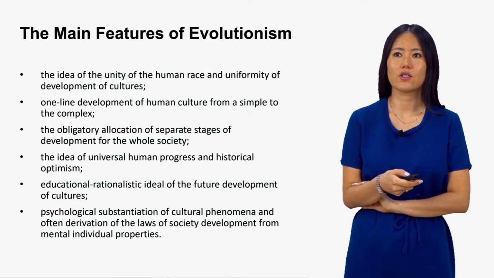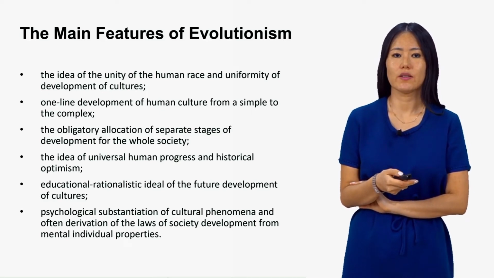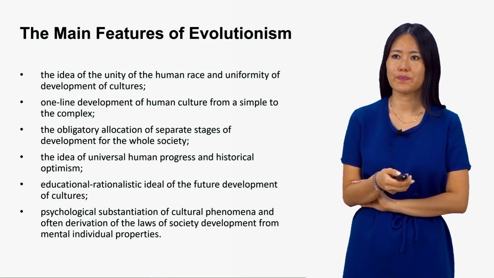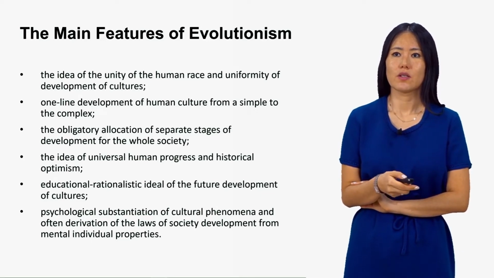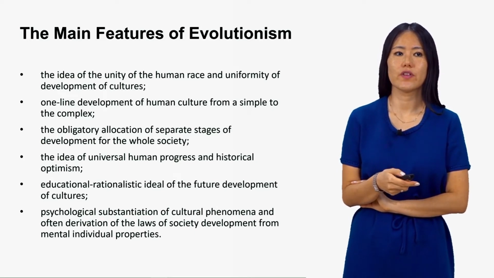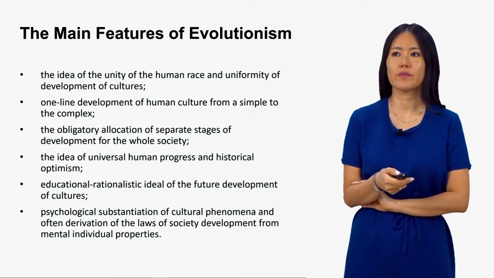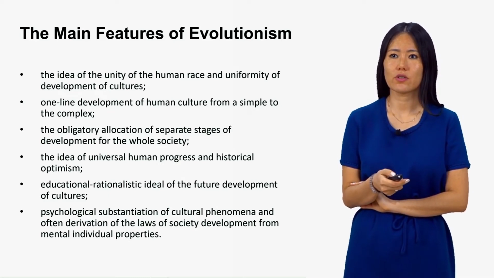There are such main features of evolutionism as the theory of culturology. So the first feature is the idea of the unity of the human race and the uniformity of development of cultures.